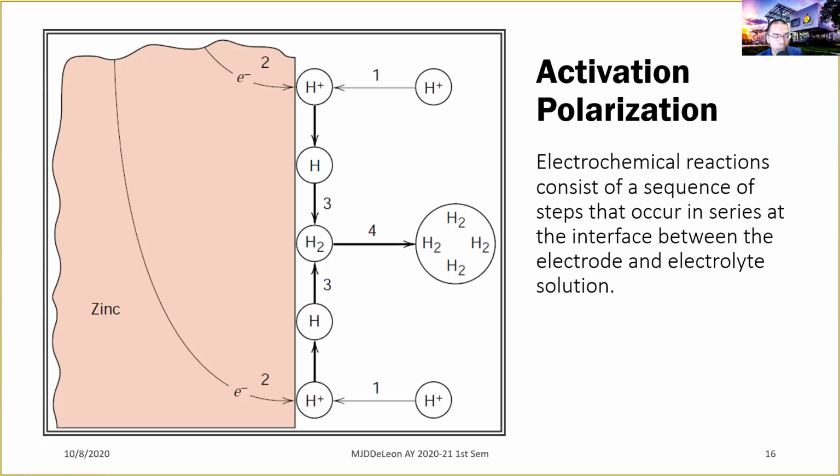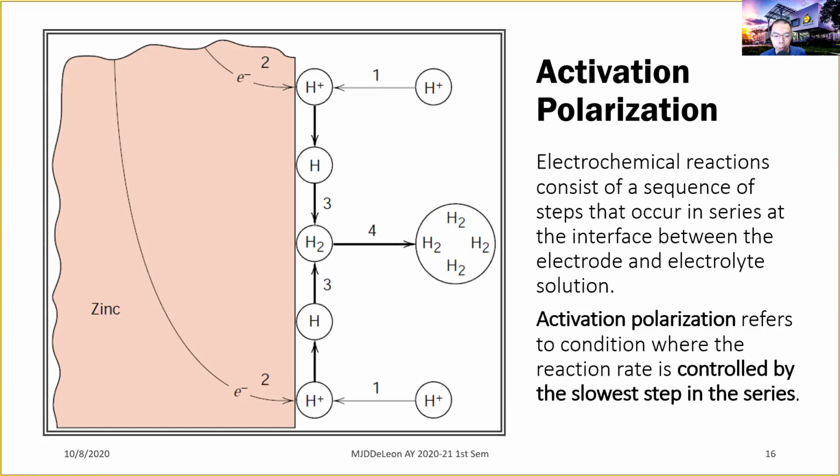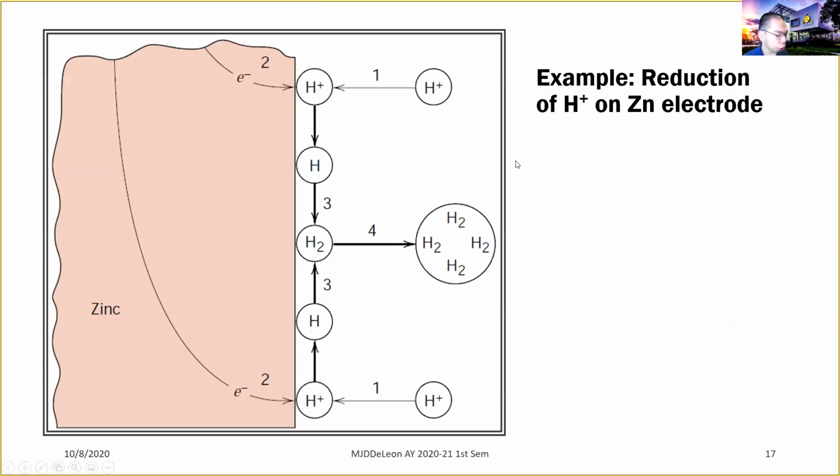Kasi meron tayong different activation energies for each of these reaction steps. And activation polarization refers to when your condition is controlled by the slowest step in our reaction, the slowest step in the series. So take for example, the reduction of hydrogen ion on a zinc electrode.